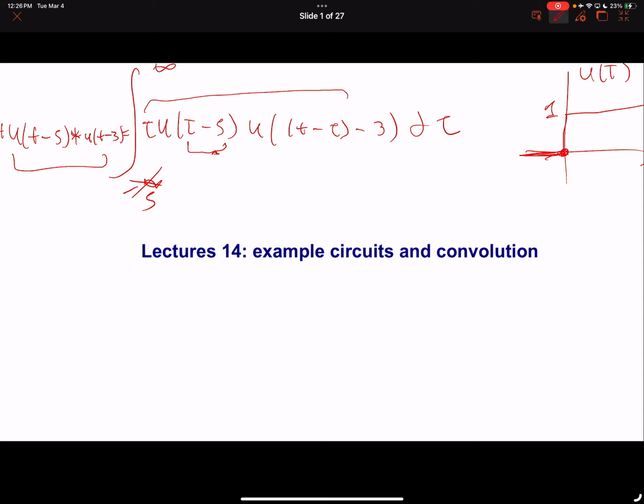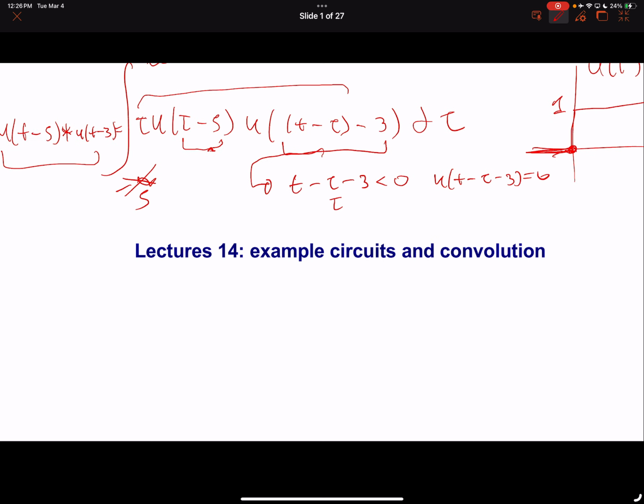So we can go through the same exact logic here. We look at this argument here, and we know that whenever t minus tau minus 3 is less than 0, then u of t minus tau minus 3 will be equal to 0. But another way to say that is whenever tau is greater than t minus 3.